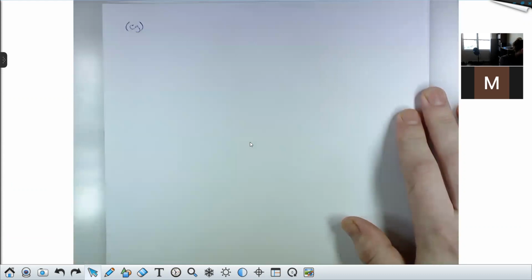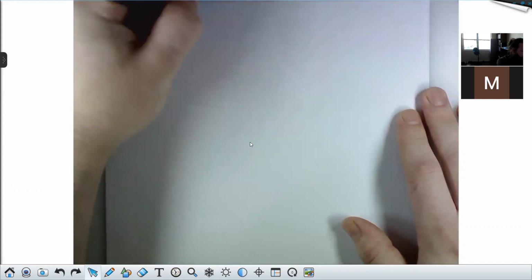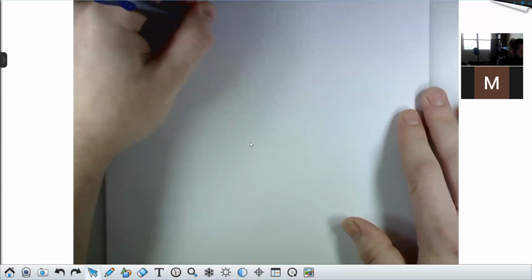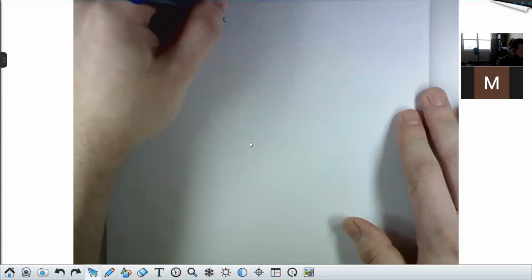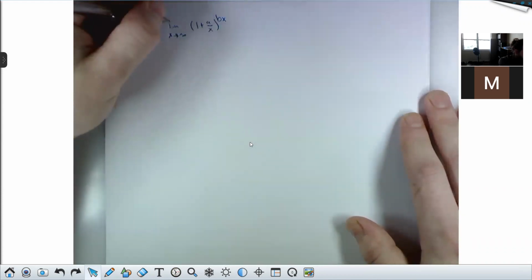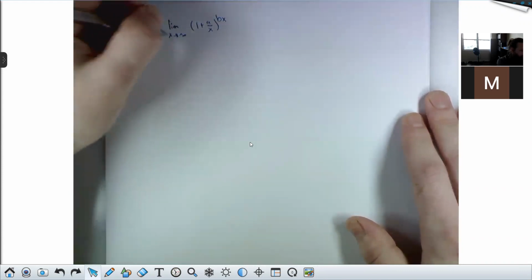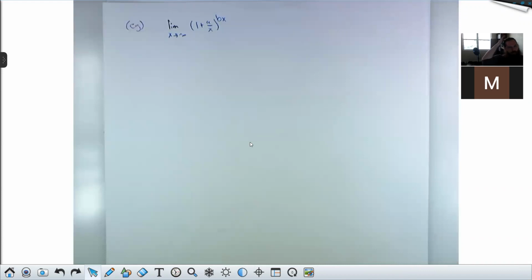We want to find the limit as x goes to infinity of 1 plus a over x, all raised to the power of bx.